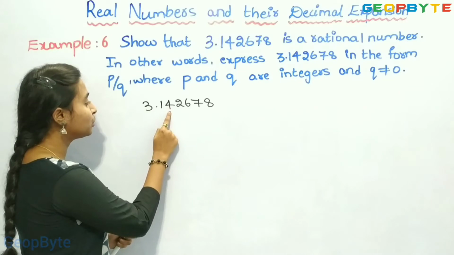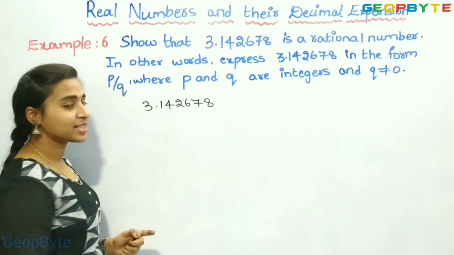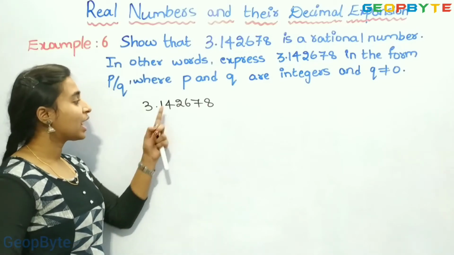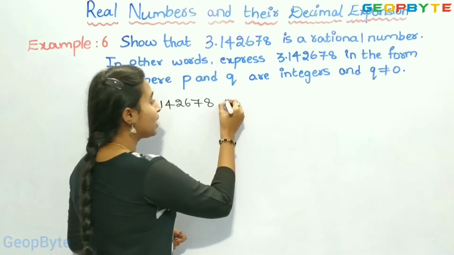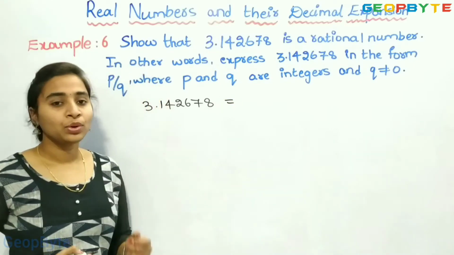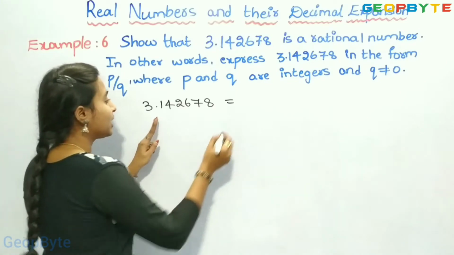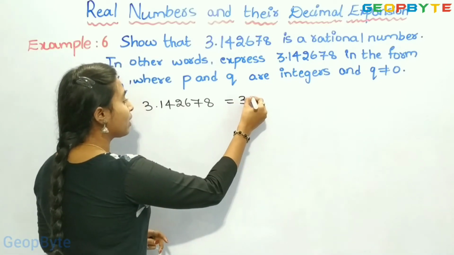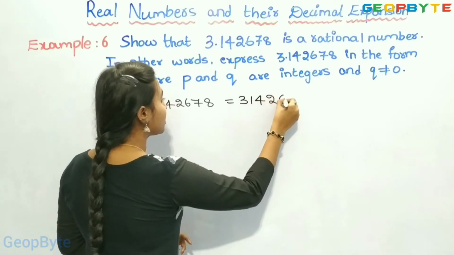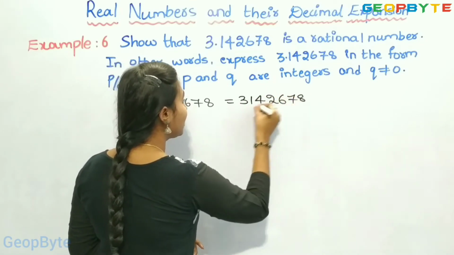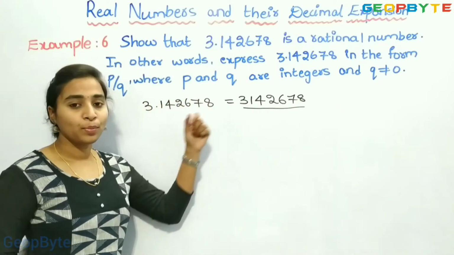1, 2, 3, 4, 5, 6. After the point, we have 6 digits. So, this decimal number can be converted into a fraction, that is a rational number, that is 3142678 by, see, I have removed the point.